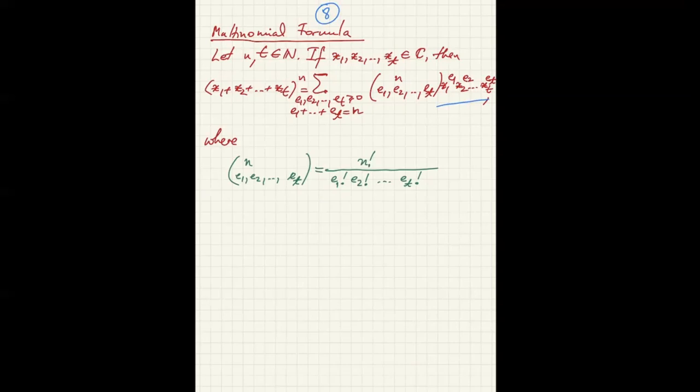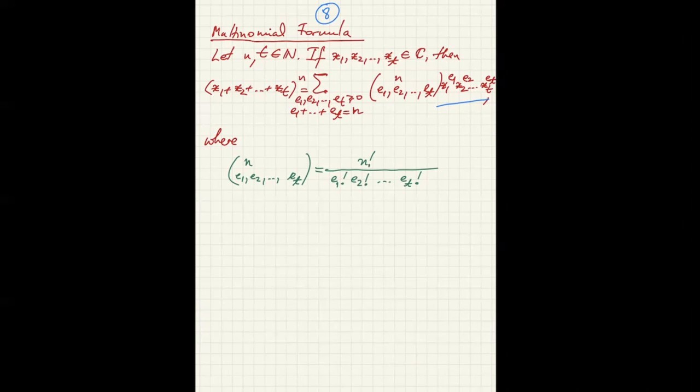And now the question becomes, what's the number of choices? Like, in how many ways does this term appear on the right-hand side? And the answer is given by what is called a multinomial coefficient, which is this expression n choose e1, e2, up to et, which has a very easy to remember expression. It's n factorial divided by the product of the factorials of the elements at the bottom.